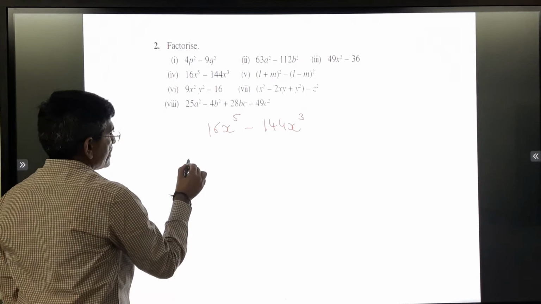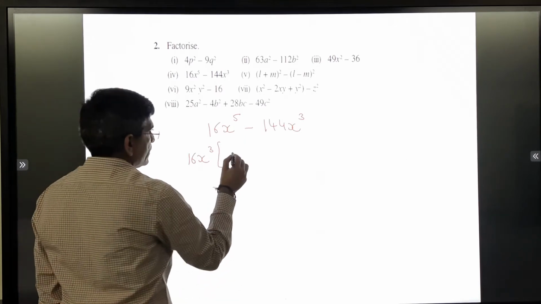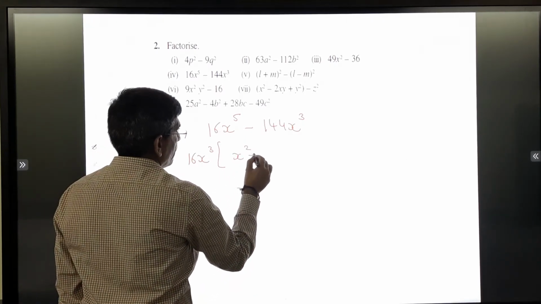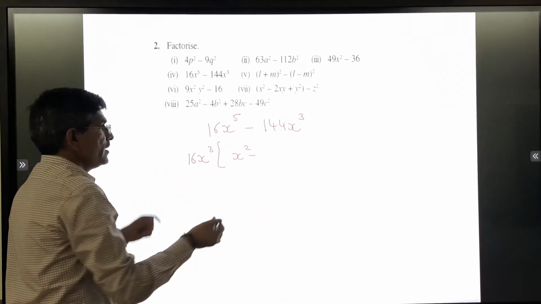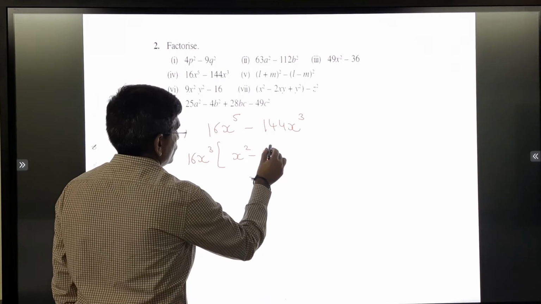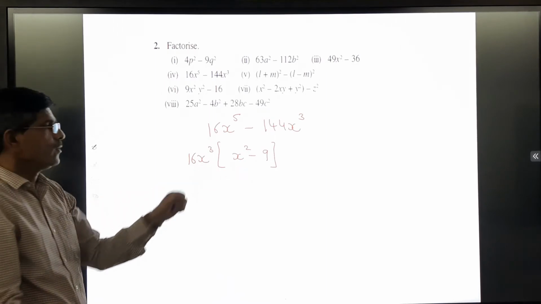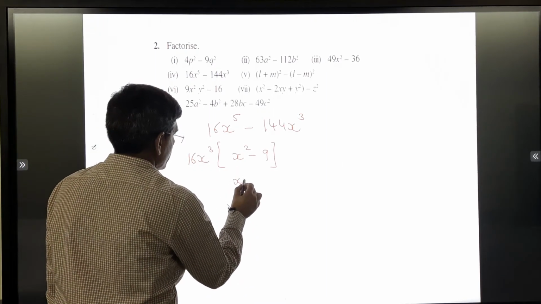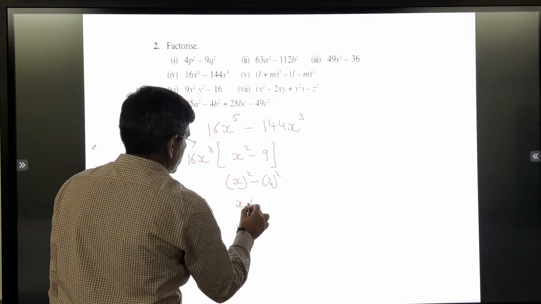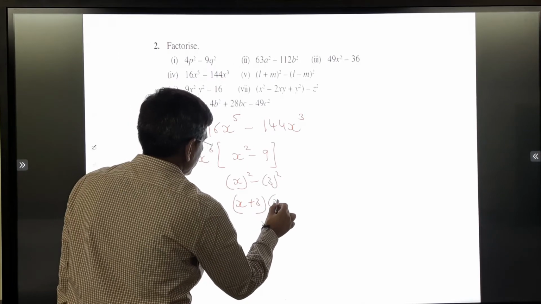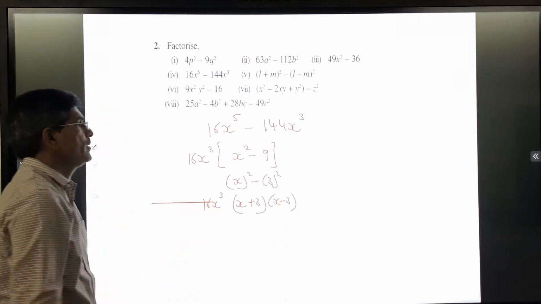So if I take 16x to the power 3 common outside, then in the bracket x square minus 9, since 16 times 9 is 144. So one time plus, another time minus: (x plus 3)(x minus 3), and outside the bracket I have to write 16x to the power 3.